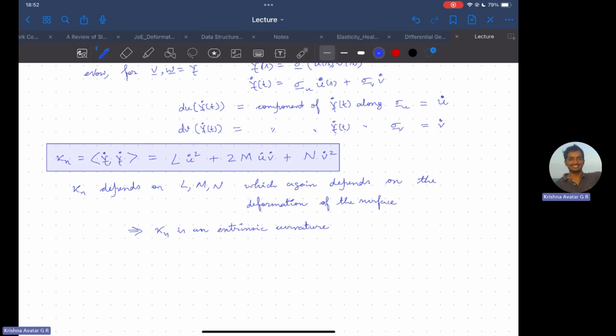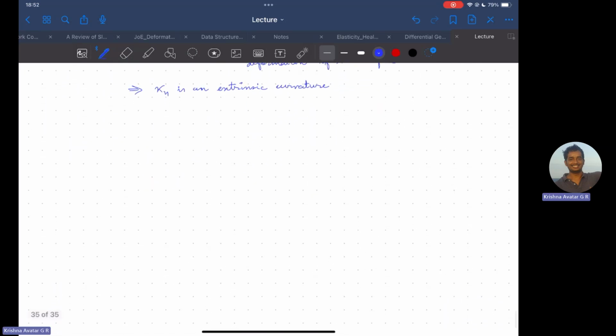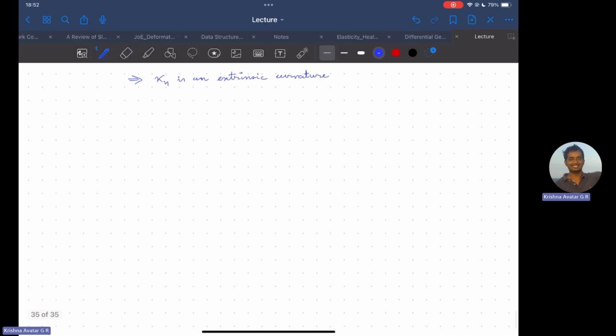Right? Now let's take a look at the geodesic curvature.